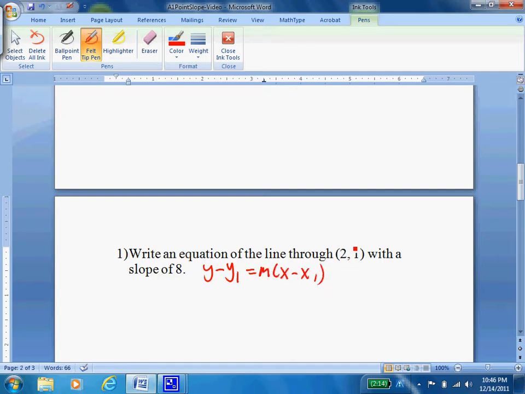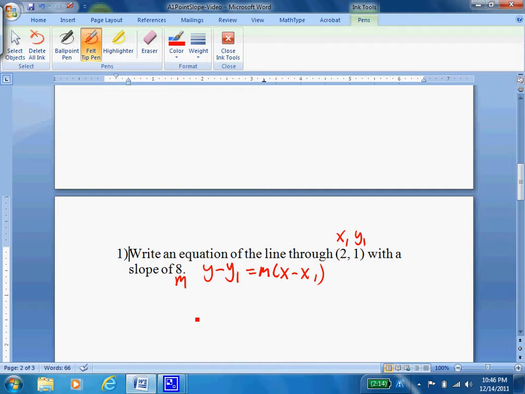Let's take our point, label the x1 and the y1, and then our slope is going to be the m. Now one thing we have to remember and be careful of, because of the minus signs in the equation, the x-coordinate and the y-coordinate of the point are going to show up as the opposite of what they are when we put them in the equation.